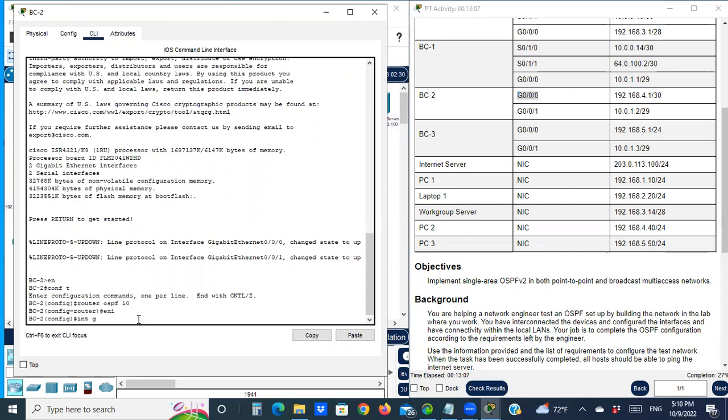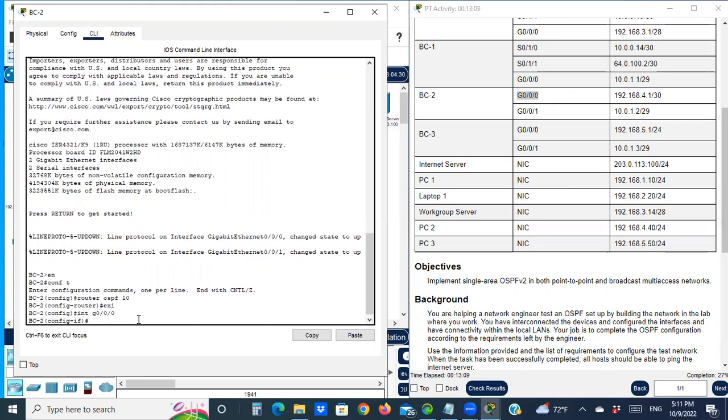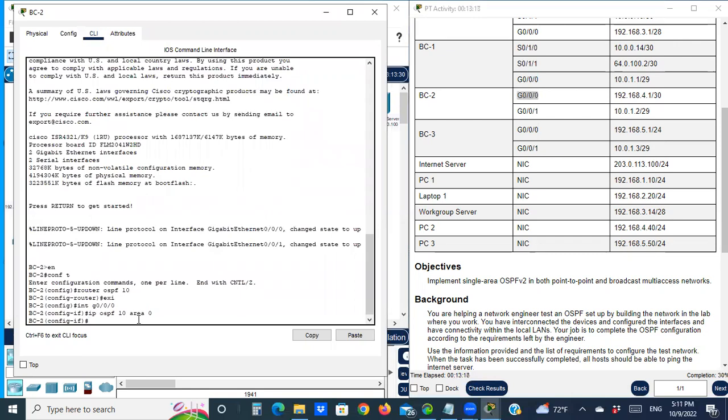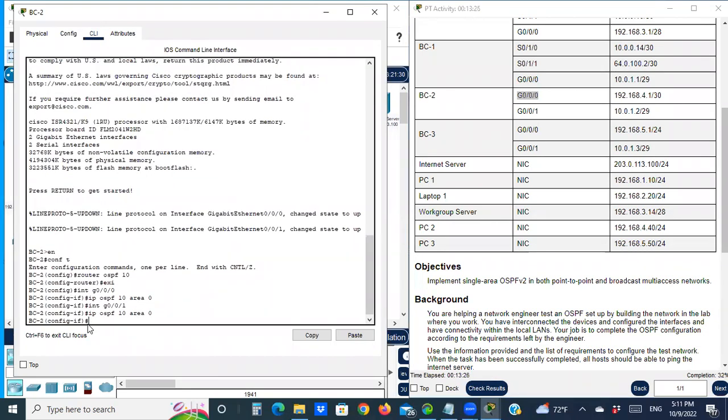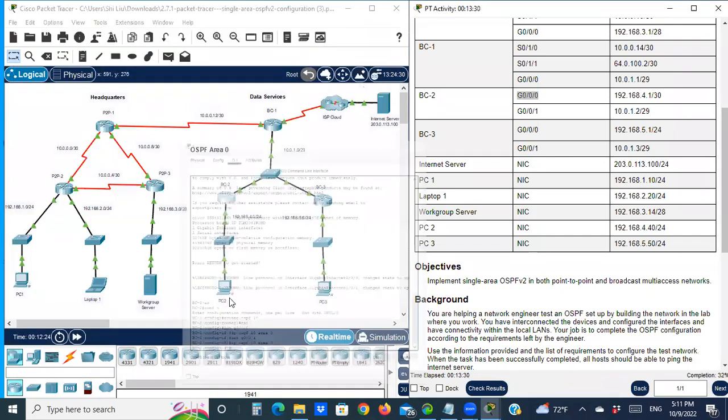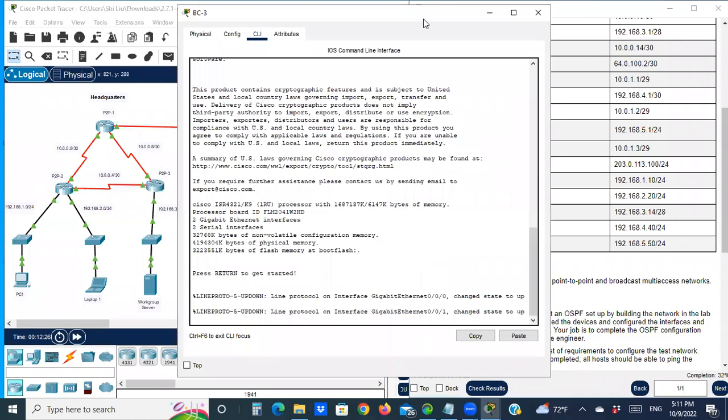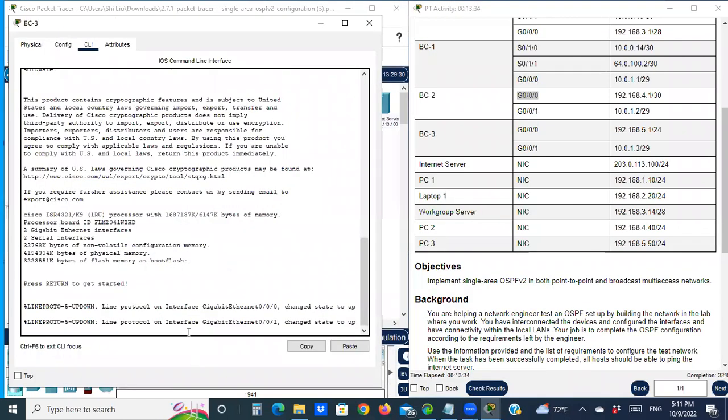For G0/0/0, ip ospf 10 area 0. Then G0/0/1, same command. Good, so we're done on BC2. And BC3 has 2 interfaces too.